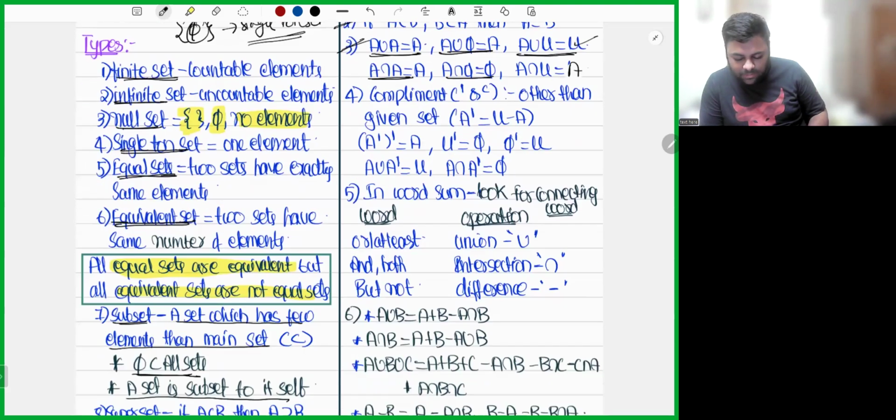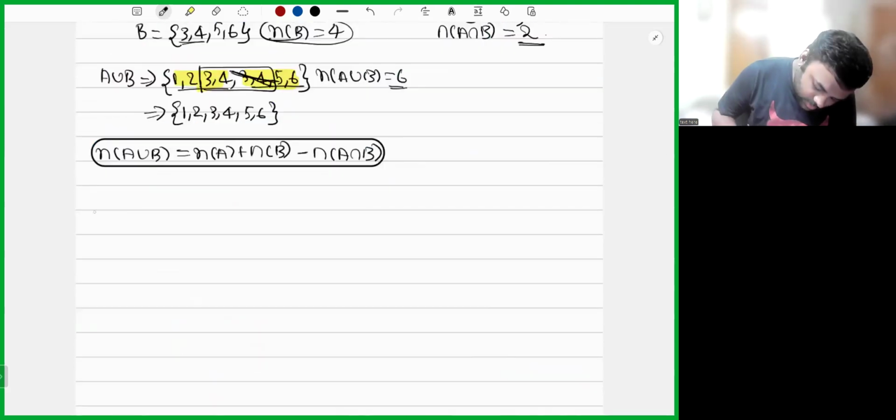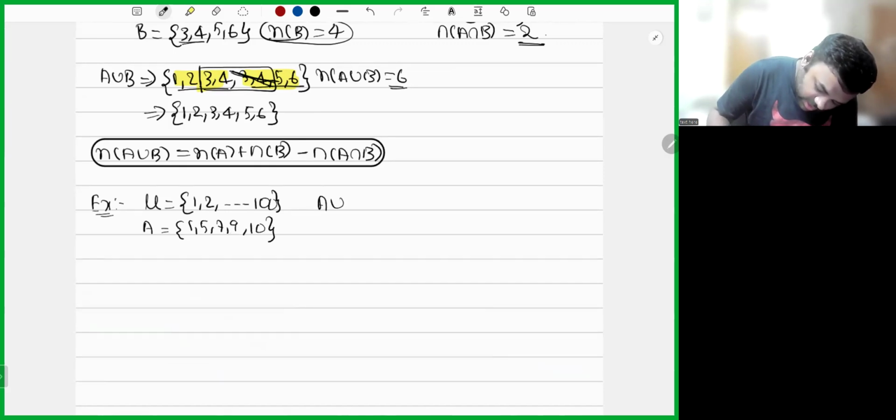Like say for example, I am telling universal set is equals to 1 to 100. A is equals to 1, 5, 7, 9, 10. What do you think A union universal set will be?